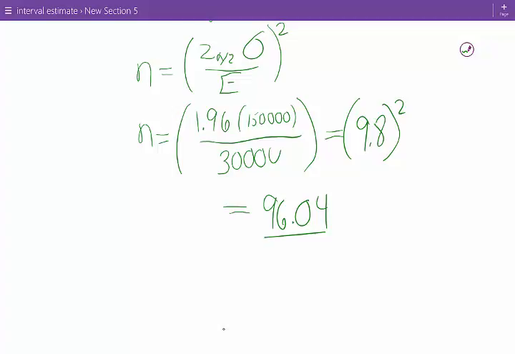We want you to come in at $30,000 or less. So we're always going to have to round up the sample size. We can't sample 0.04 of a person, and because we want a margin of error of no more than 30,000, we have to round this up, and we'd have to sample 97 transactions.